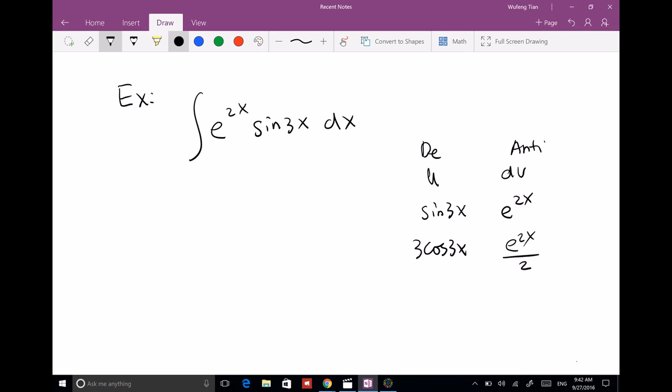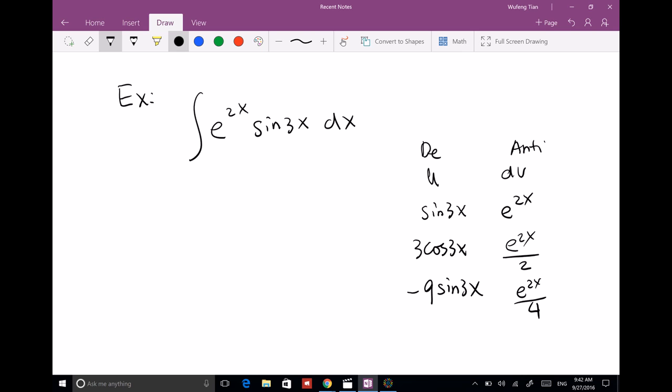And the derivative of 3 cosine goes back to negative 9 sine 3x. The antiderivative of this is e to 2x over 4. How many of you got this? Raise up a hand. Okay, so most of you got exactly this.